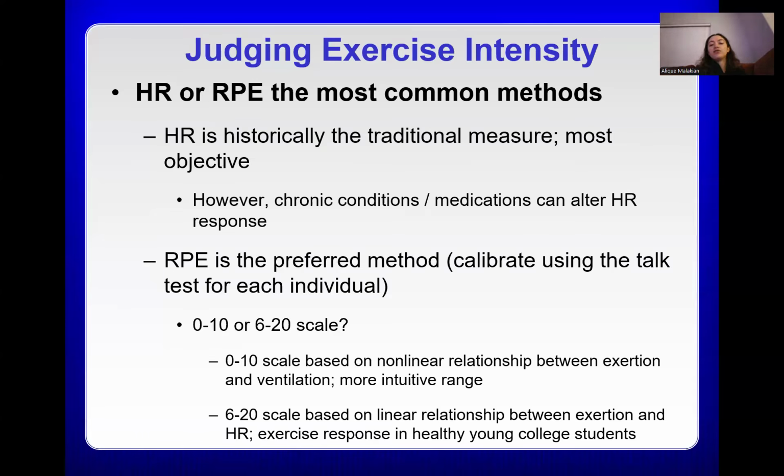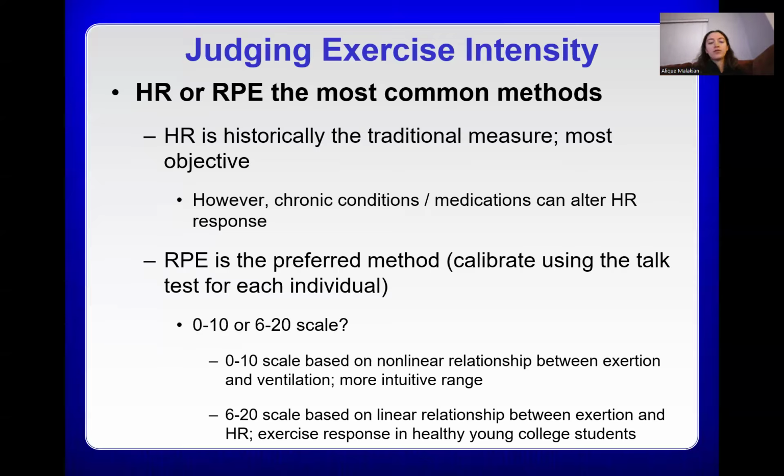Now, I'm sure a lot of you know this because a lot of you are from sports backgrounds or just in general, you're active people. Heart rate is historically the traditional measure. It's the most objective. I know I use that to judge my exercise intensity, and I'm sure you guys do too. However, we're going to have to change it up a little bit for these populations because chronic conditions and medications can alter heart rate response.